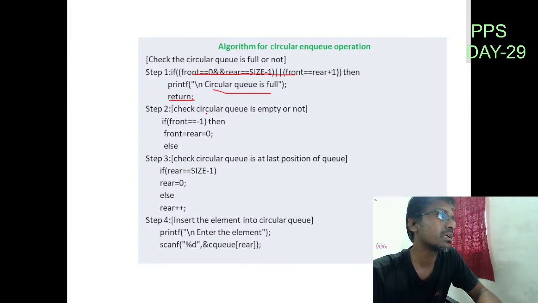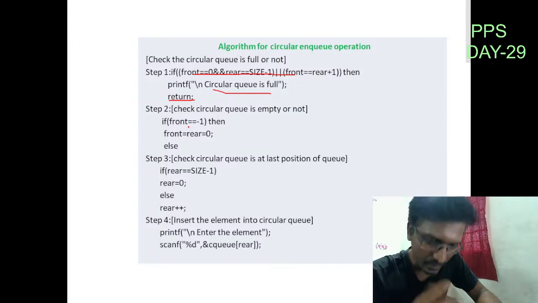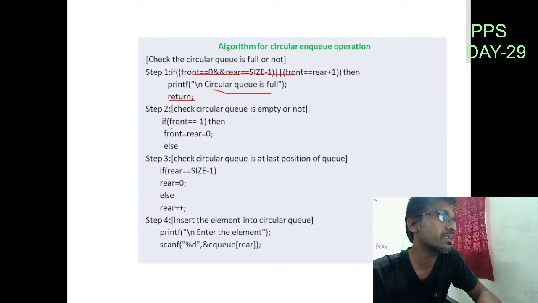So next, you need to check whether the circular queue is empty or not. On the front side, if front is equal to minus 1, initially the front value will be minus 1. If both pointers are pointing to the same position while deleting elements one by one, then both will be equal to 0.